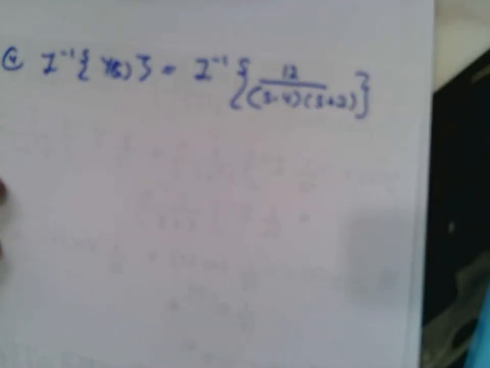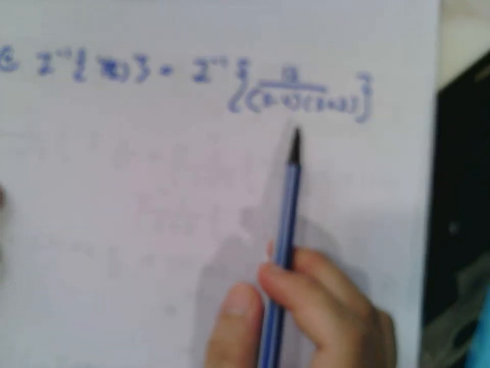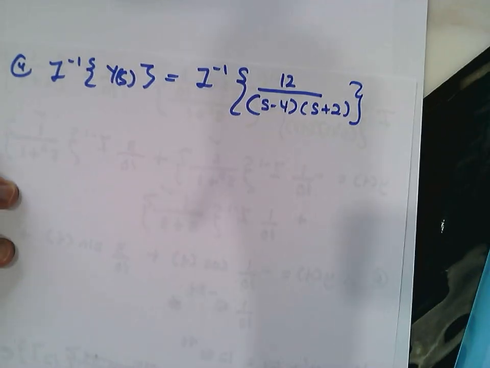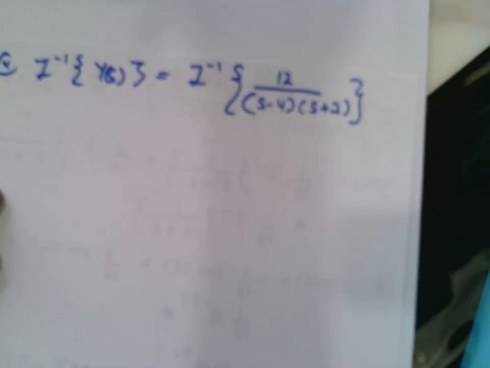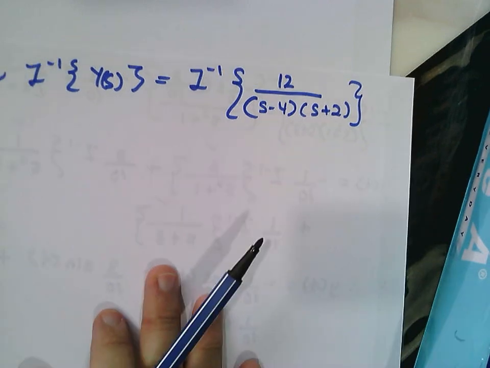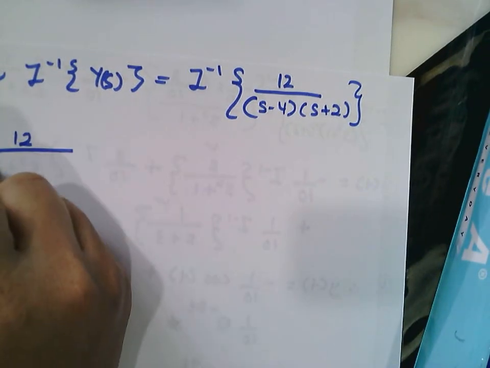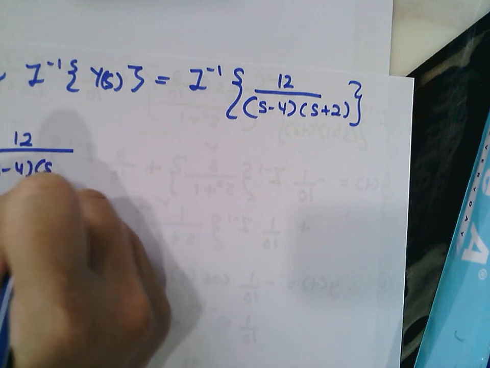Okay, so now we solve for this part first. So solving for the right hand side first will give you 12 over (s minus 4)(s plus 2).